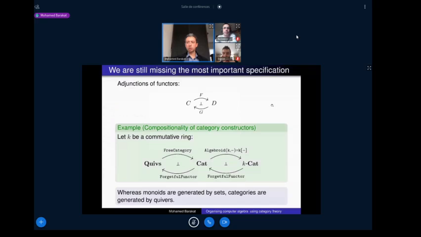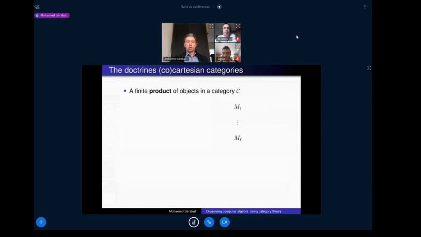So let's continue with our journey. Let's look at this doctrine of being Cartesian or co-Cartesian.